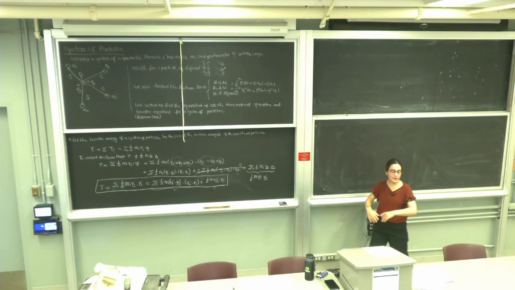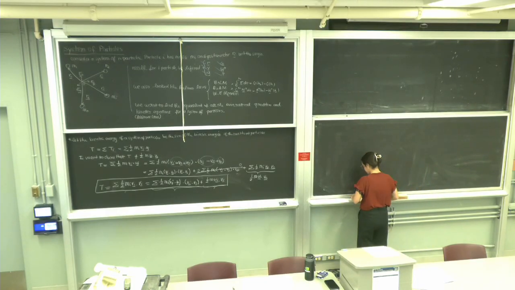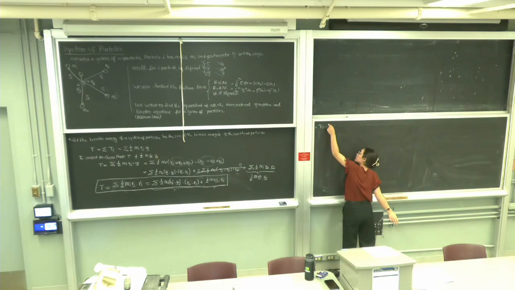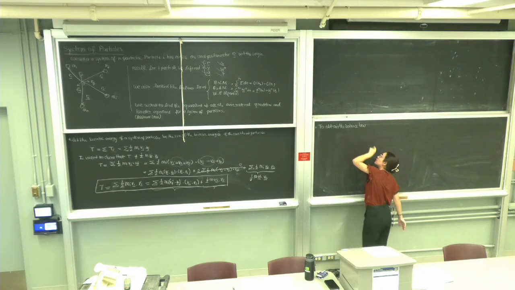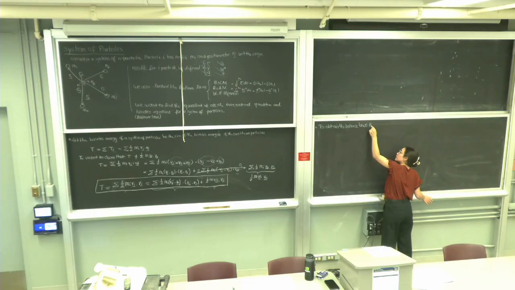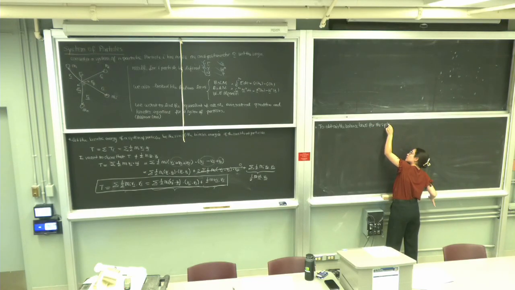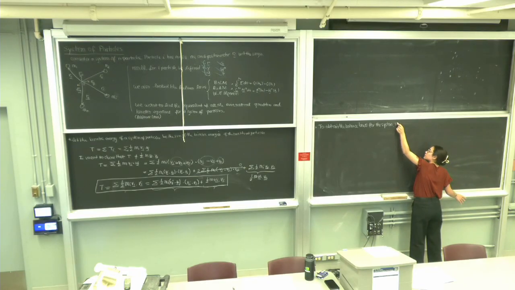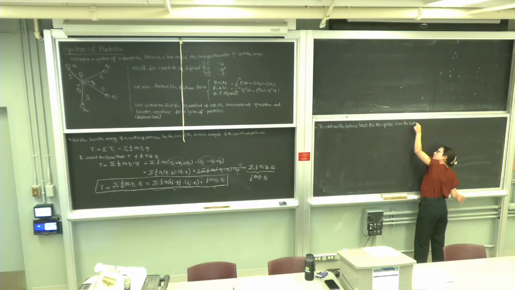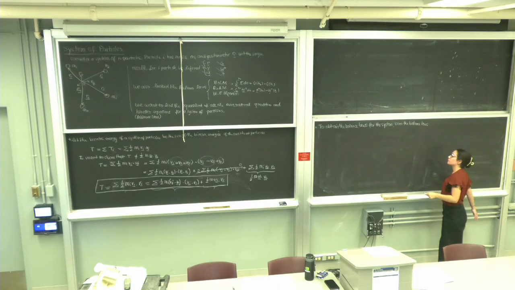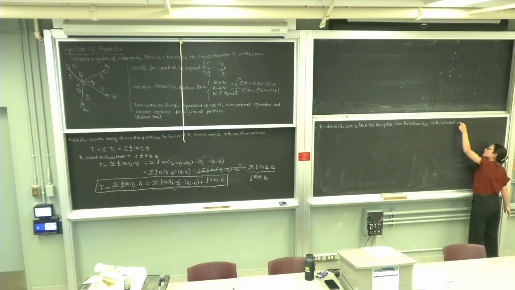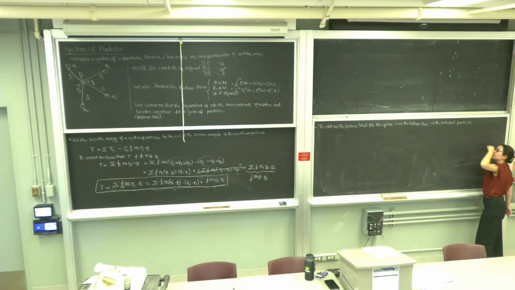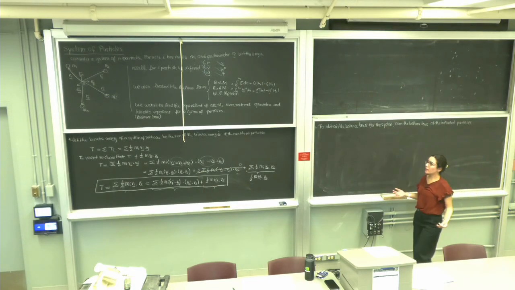So to obtain the balance law of the system, you sum the individual balance laws for the individual particles. So for example, the balance of linear momentum.